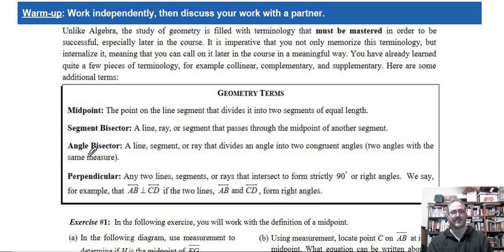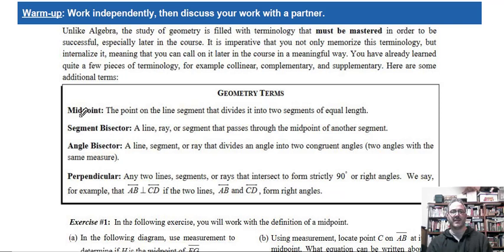All right, an angle bisector. An angle bisector is a line, a segment, or a ray that divides an angle into two congruent angles, two angles with the same measure. So an angle bisector is going to cut the angle into two equal parts, just like a segment bisector cuts a segment into two equal parts at the midpoint.